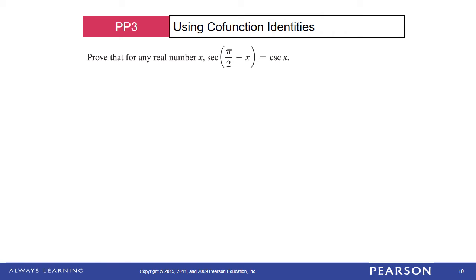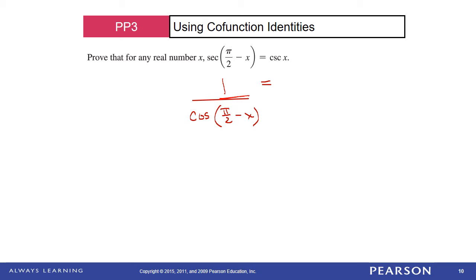Alright, let's go for it here. Tell me if you guys agree. Secant, I've got to make it go to either sine or cosine. So for secant, I'm going to change it to cosine.